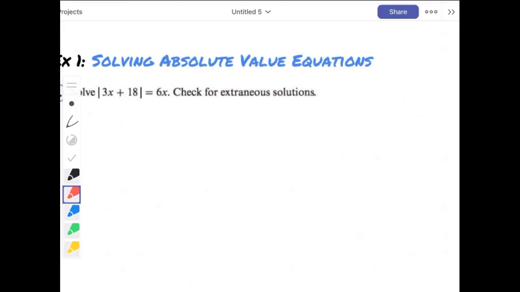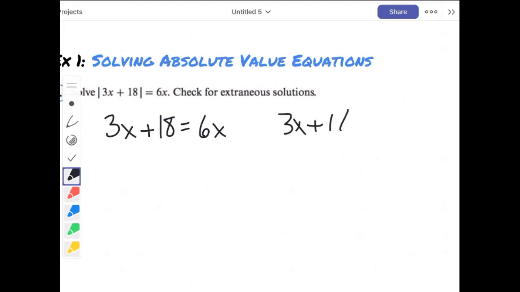Last, we'll check for extraneous solutions here. So I'm going to drop those absolute value bars. So that'll be equal to 6x, and 3x plus 18 equals negative 6x. Okay? So the first one I'll do minus 3x.